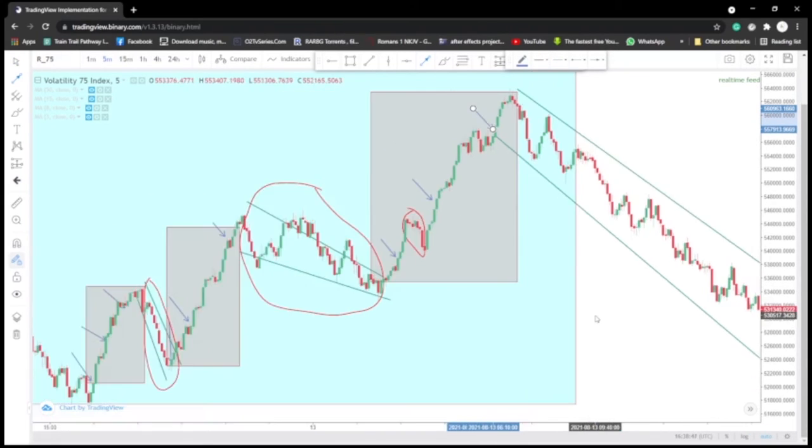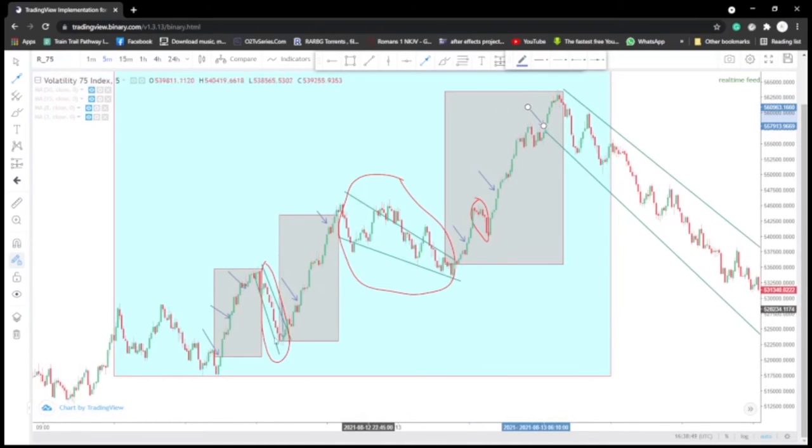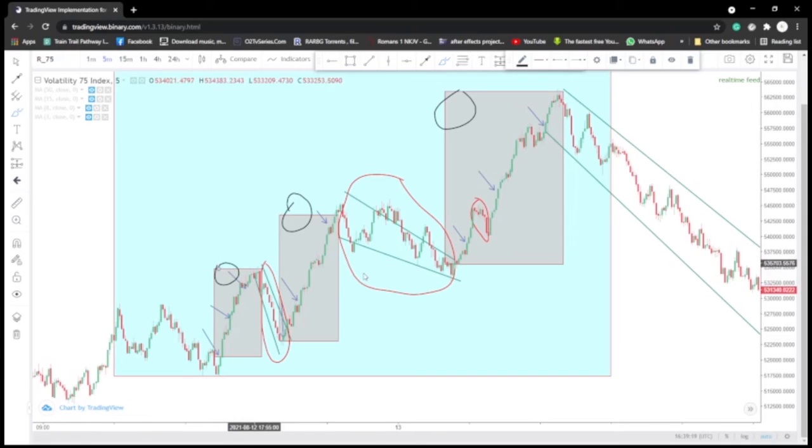So guys, do you understand that the arrows that I drew are the levels of the 5 minutes, and the ones on this box here, the ones on the orange box, are the 15 minutes.